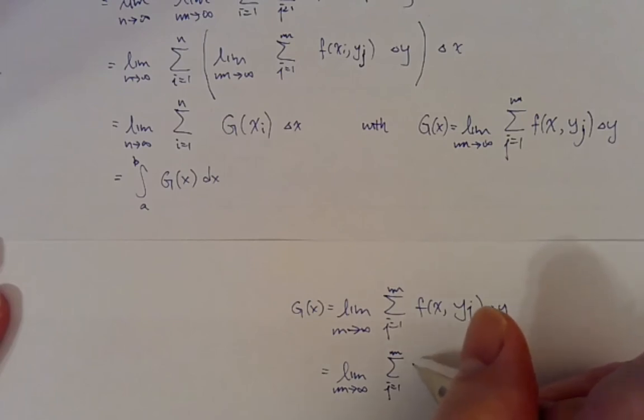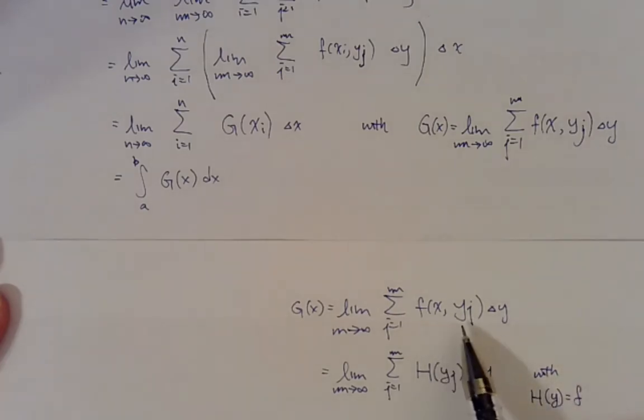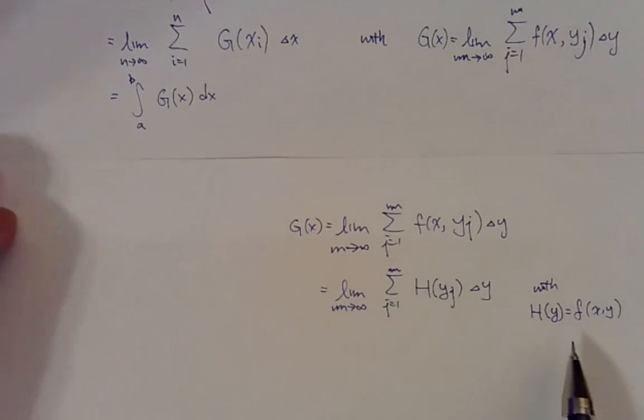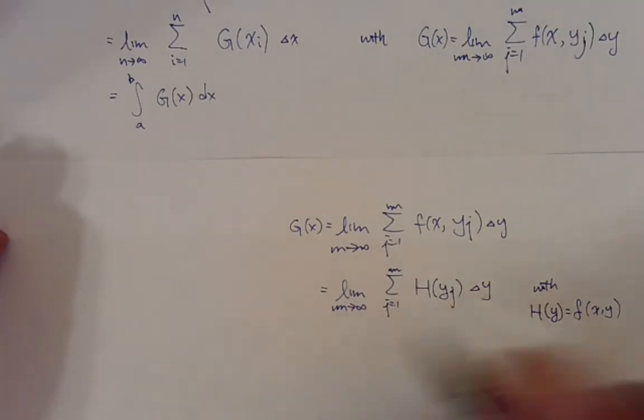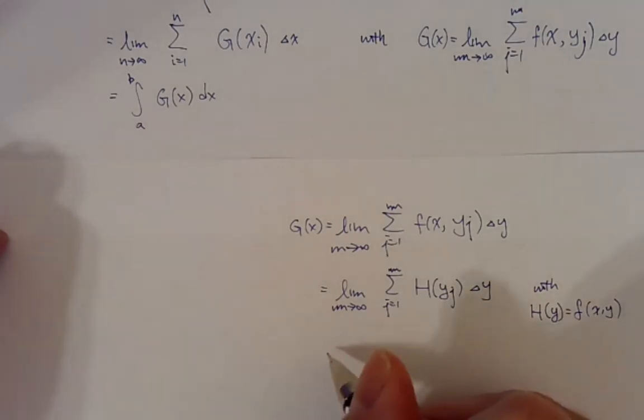How about h of y sub j delta y, with h of y equals f of x comma y. So h is really just a single variable function coming from f, thinking that x is a constant. Everything in here really depends on x, but I'm hiding that detail for now.